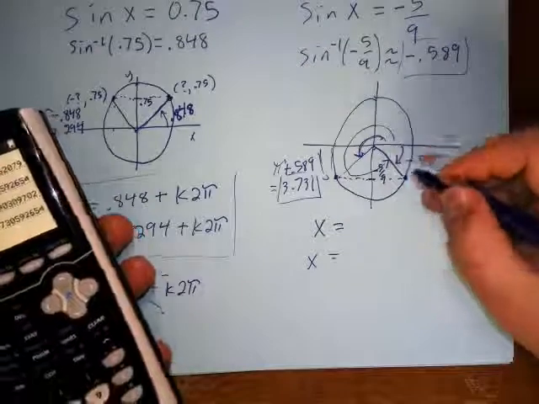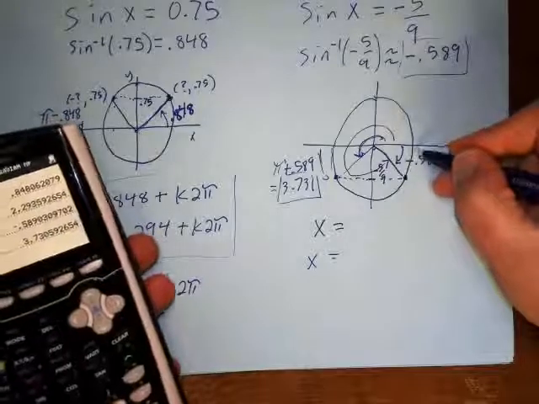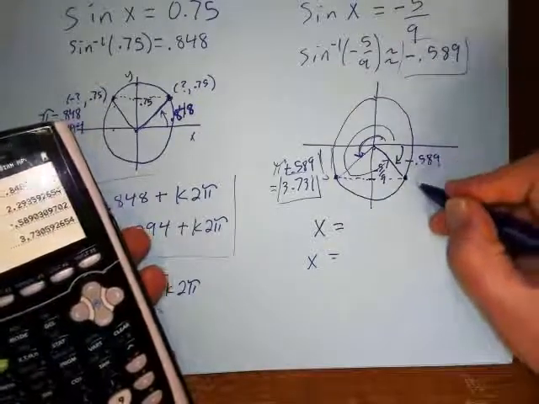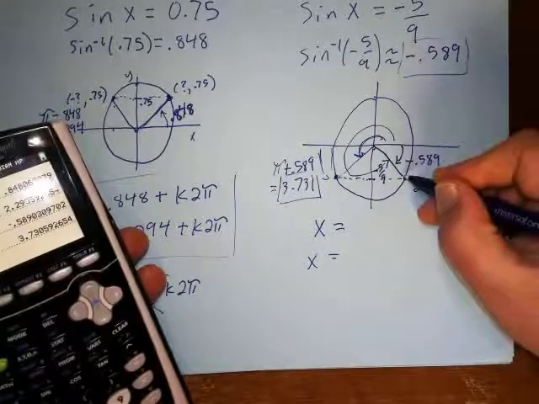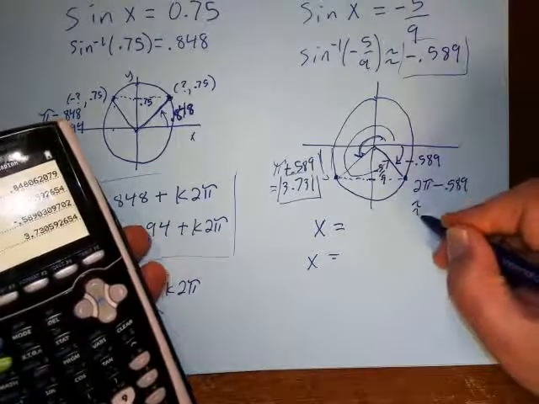Okay, now how do I get this angle? Well, if you go all the way around, that's 2 pi, and then I need to back up the 0.589. So I'm going to take the 2 pi, and then go back 0.589.